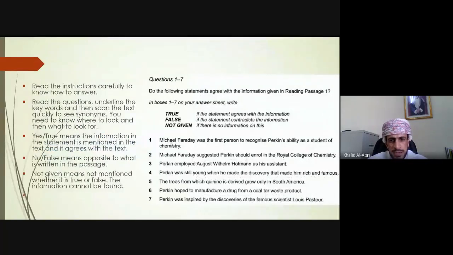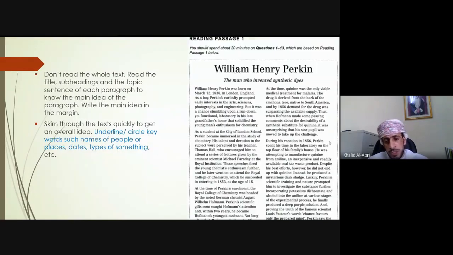It says Michael Faraday was the first person to recognize Perkin's ability as a student of chemistry. So we need now to go and read again in detail. Is he the first person or not? So go back to the text and read. Can you do that and decide whether it's true or false or not given?